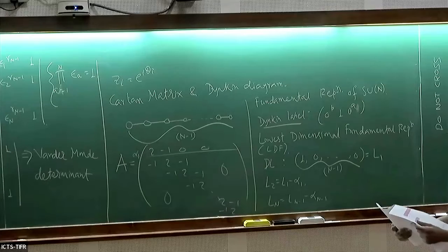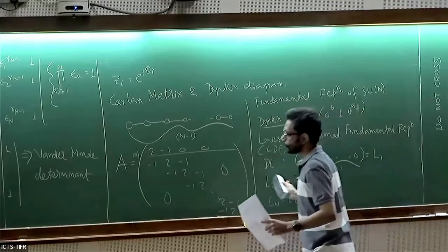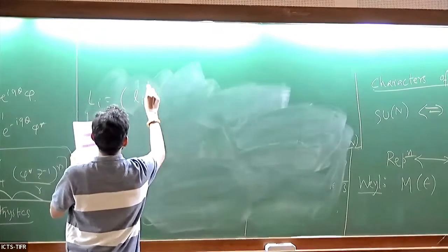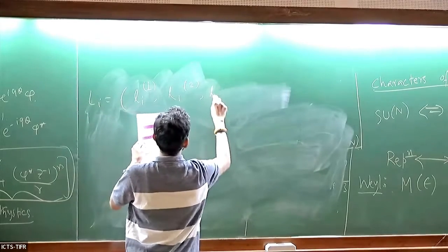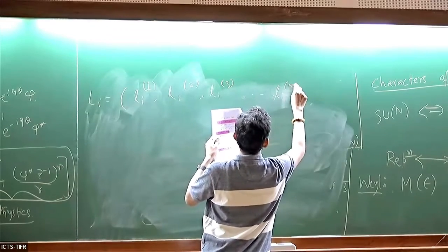Once I compute this part, any Li I can write down as Li1, Li2, Li3, and so on up to Li n minus 1.